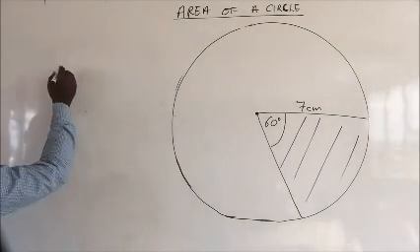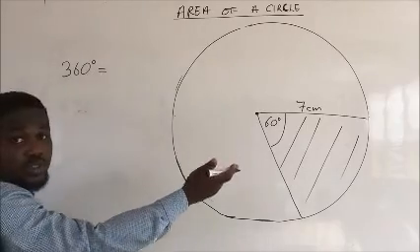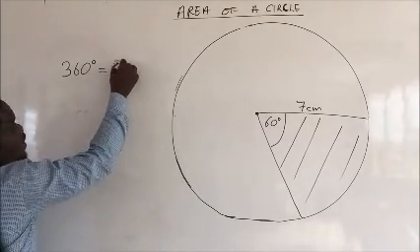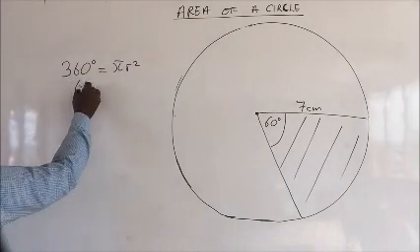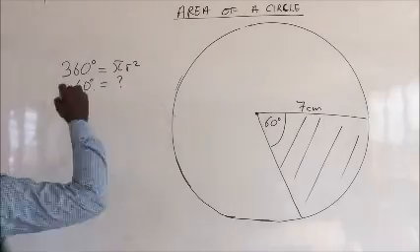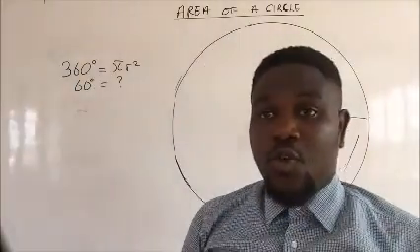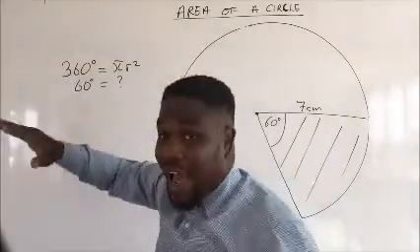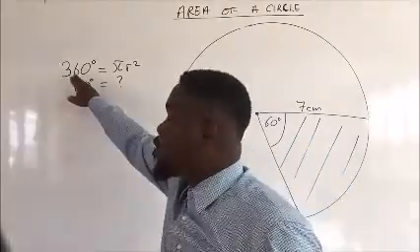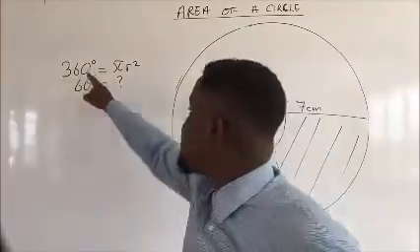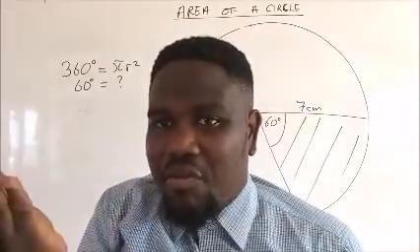So the whole area, which we know is 360 degrees, is equal to the formula for the area, pi r squared. Very good. So then, what is the 60 degrees? Ratio and proportion in class 6. We say that if this big 360 is giving you this, then 60 is going to give you less.